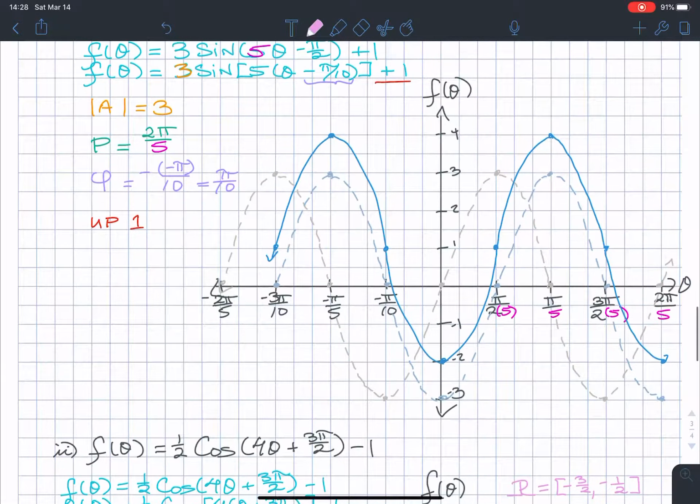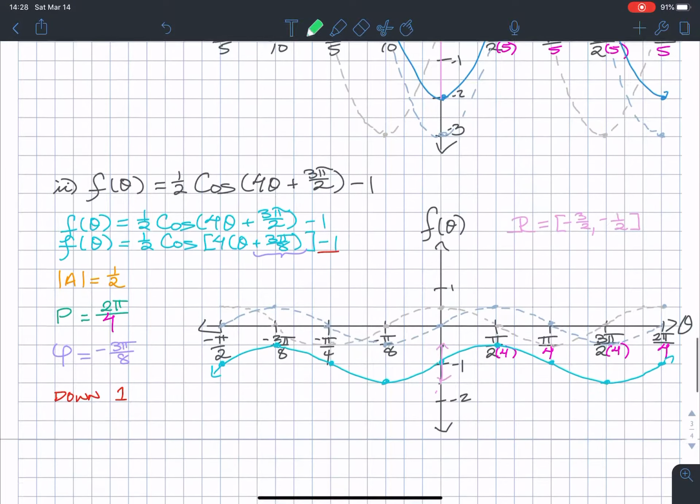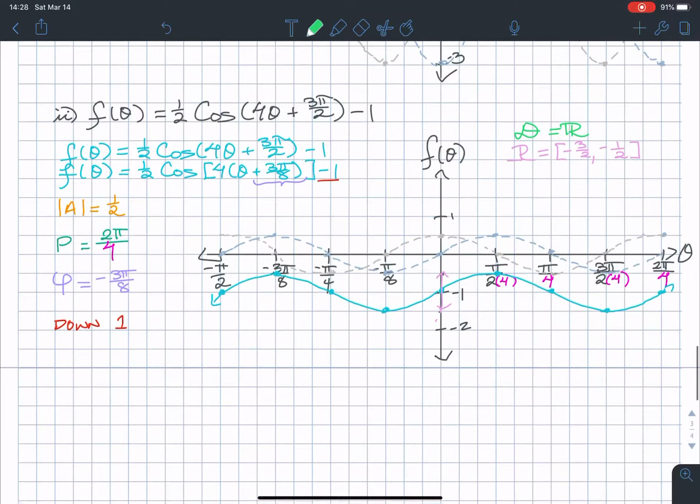So maybe I should have looked at the range for this function up here. So the range for this function up here went from -2 to +4. And the domain, of course, is all real numbers, so let me be thorough. The domain is no restrictions for theta. Same thing here, the domain, no restrictions for theta. Okay, so one more for good measure.